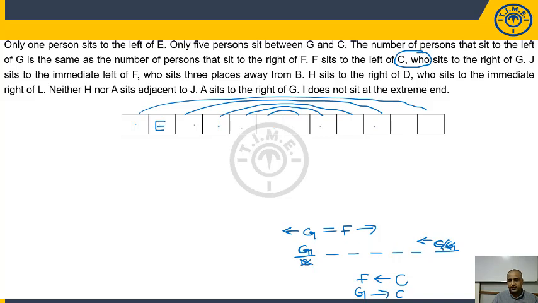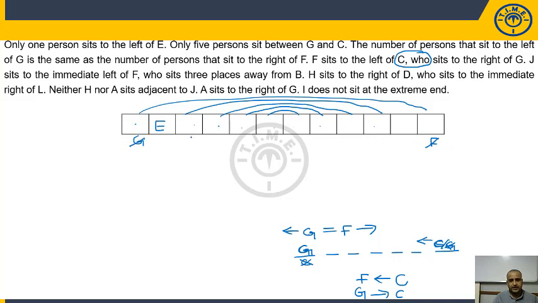And between G and C, how many persons are there? 5 persons. Let's check it. And left of G should be same as right side of F. If I take G here, F will come in this position, right? But F should be left of C, so it is not possible.